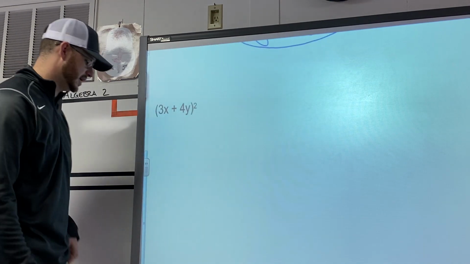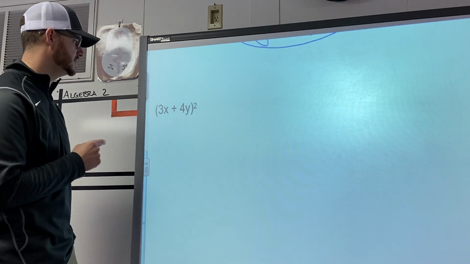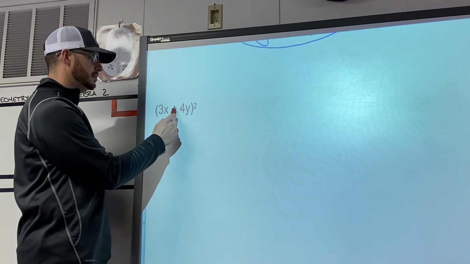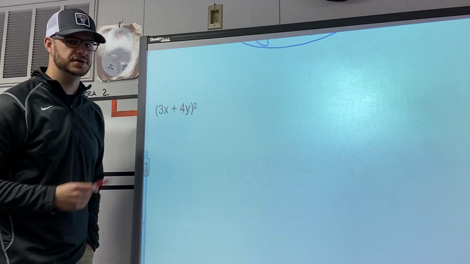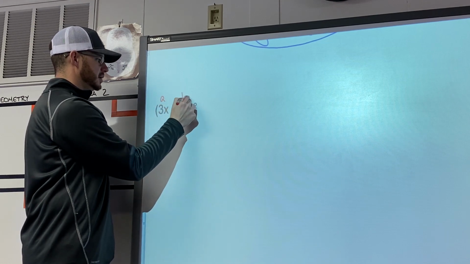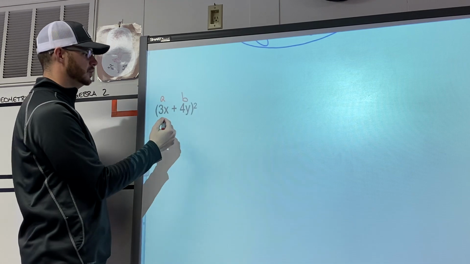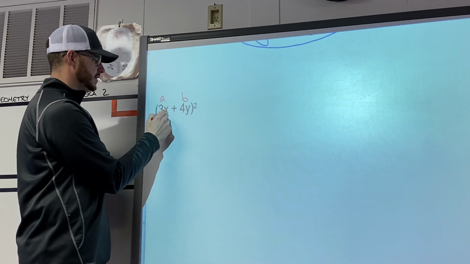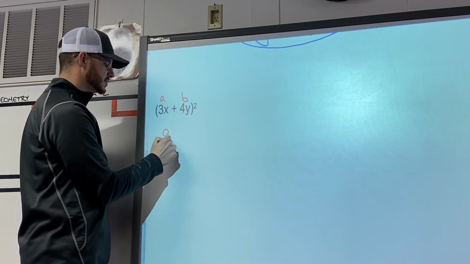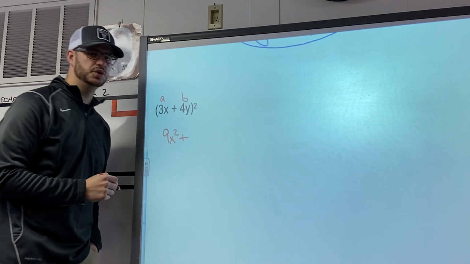So let's do that here. 3x plus 4y quantity squared. So it's a sum and we're squaring it. It fits our square of a sum pattern. So we've got our a term and our b term. Our pattern would be a squared. So in this case, 3x squared, 3 squared is 9, x squared, plus 2ab.